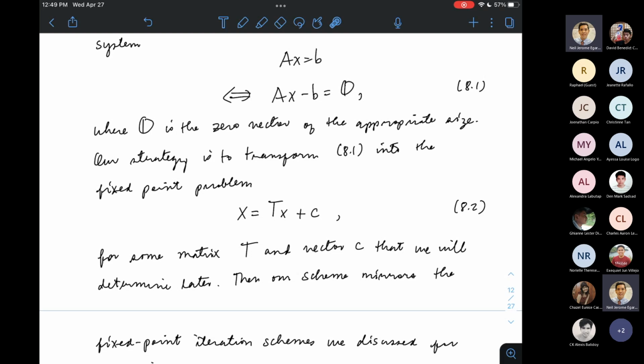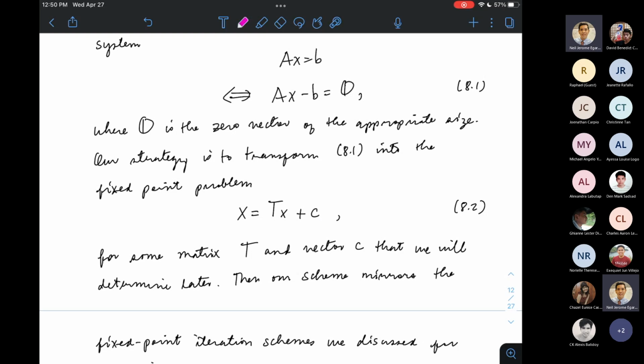We want the fixed points of Tx plus c, where T is a matrix, we call T the iteration matrix. This would be n by n. Our vector x is n by 1. The vector c is n by 1. Okay. T and c will be determined later.